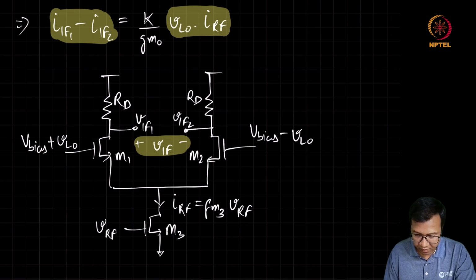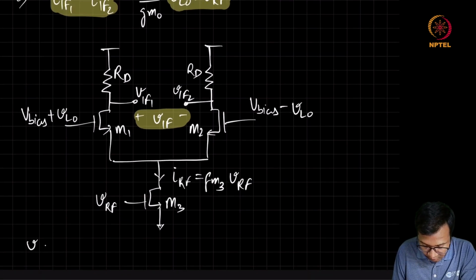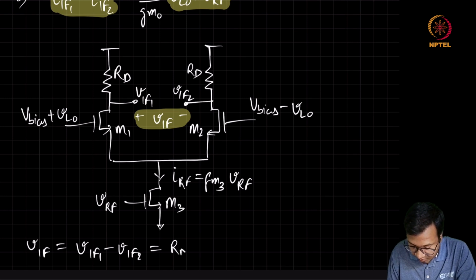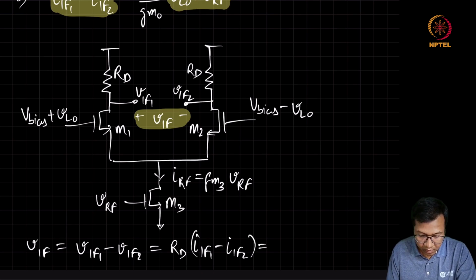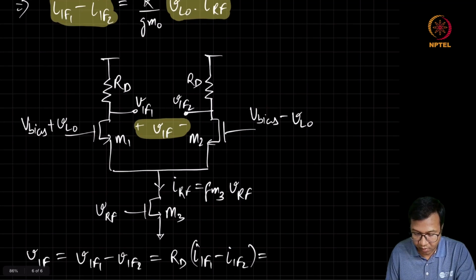So very easily we can see that this VIF, which is VIF1 minus VIF2, is RD times IIF1 minus IIF2, which is in turn equal to this constant K by GM0.